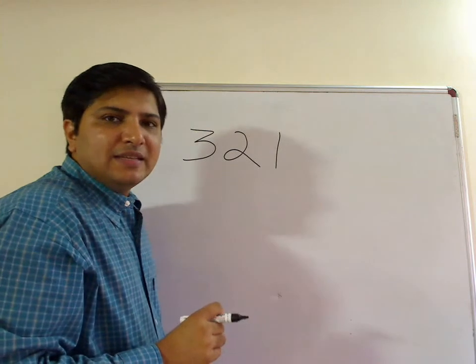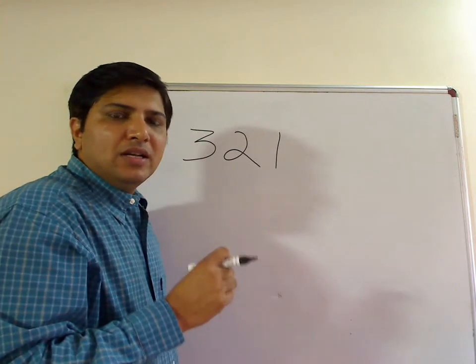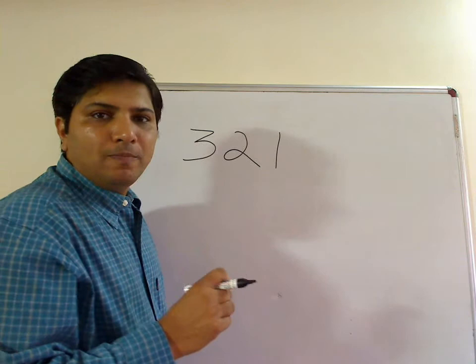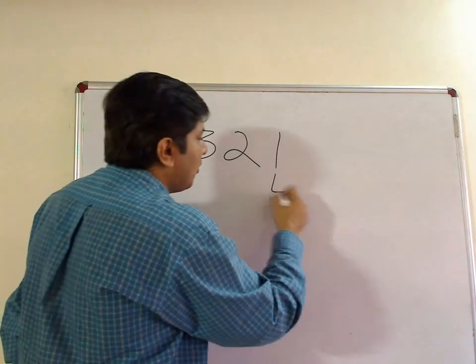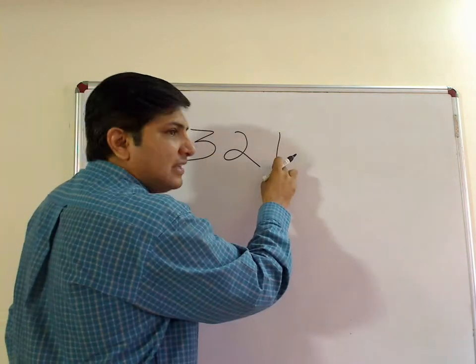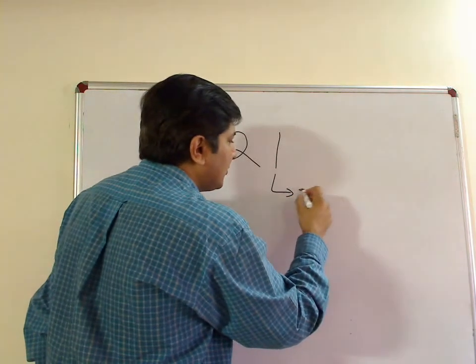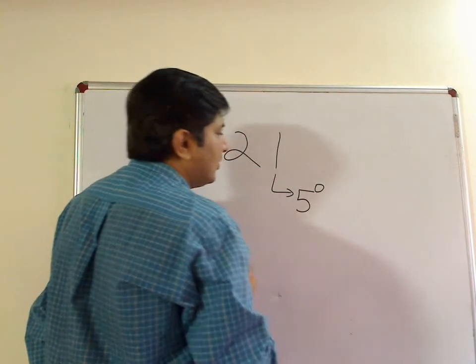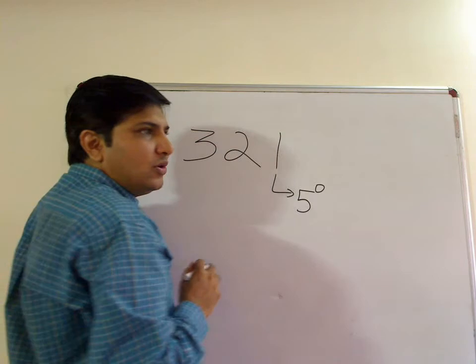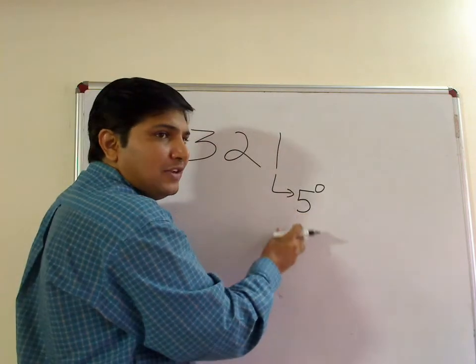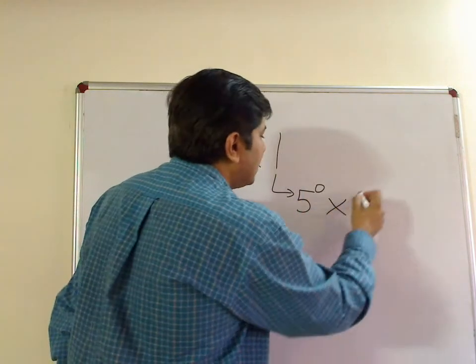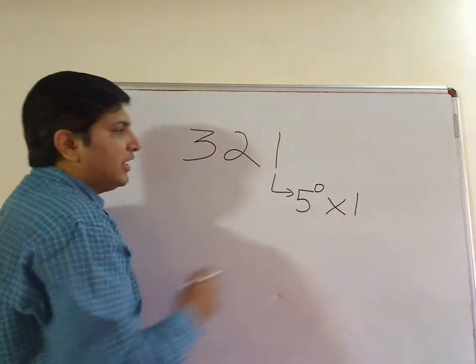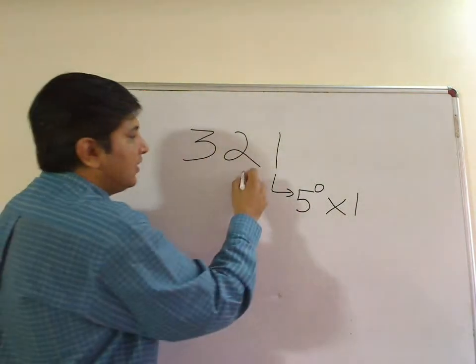Very, very simple. Write the number in its scientific form. Okay? Scientific form would mean this number occupies 5 power 0th, because this is base 5, so 5 power 0th, and the value of this is 5 power 0th into the digit 1.